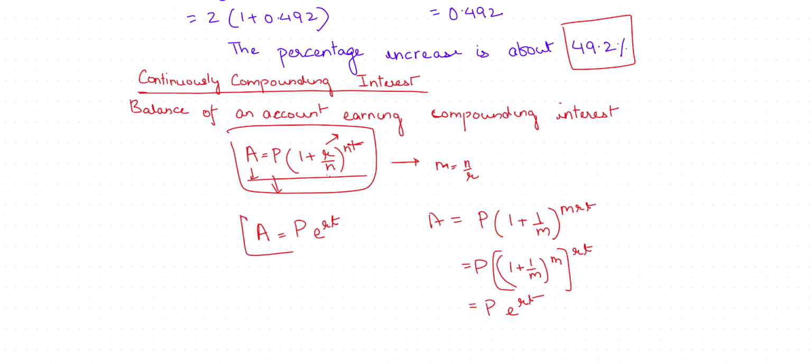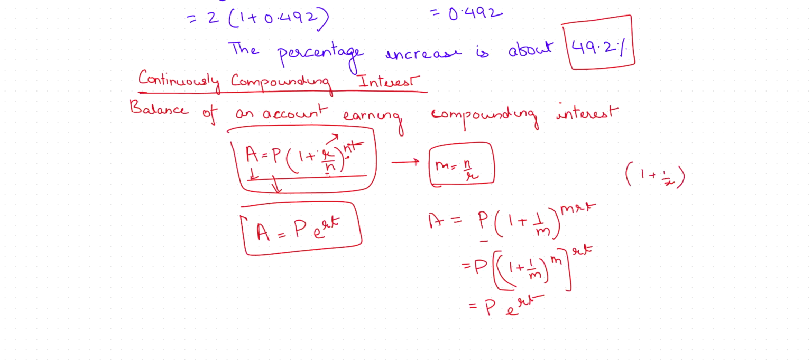And let's see how we get this formula. So we put m is equal to n by r, so the formula becomes like this. For this n, we write m, r, and t. Now, if we put this as 1 plus 1 by m raised to power m, we know that this is e.